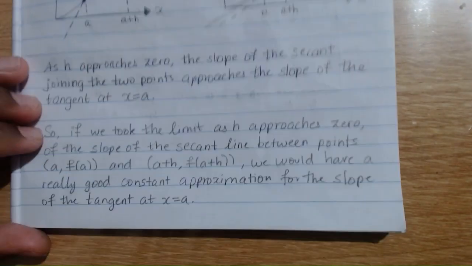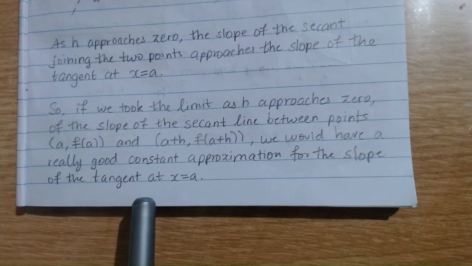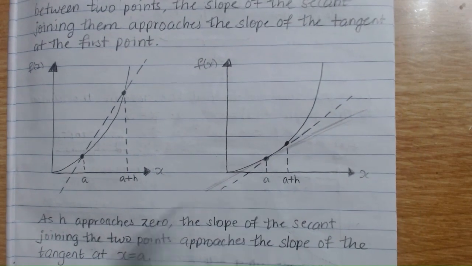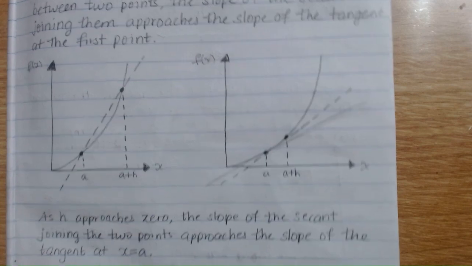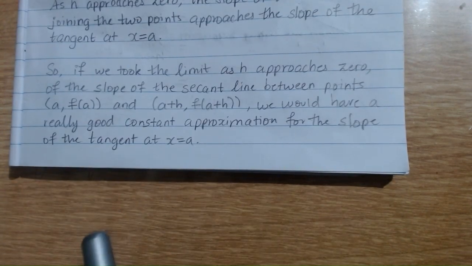And indeed it will. Something to clarify: that secant line will never actually be a tangent line. It's always still going to be between 2 points, but it's going to be a good approximation for the slope of the tangent at x equals a.